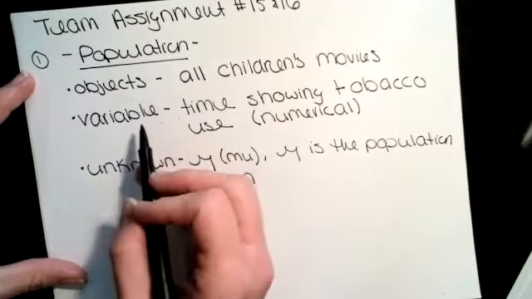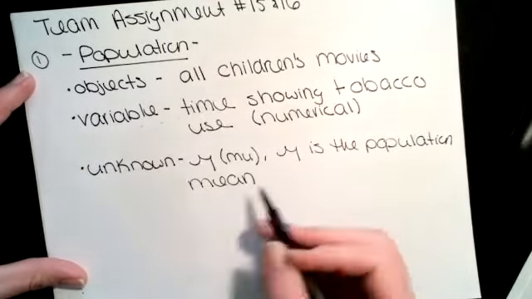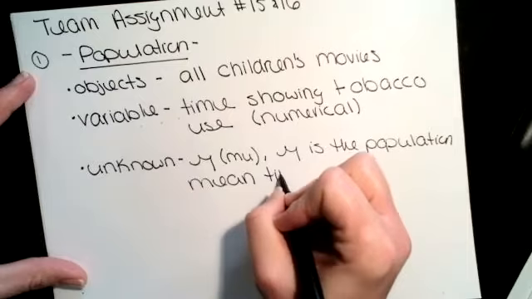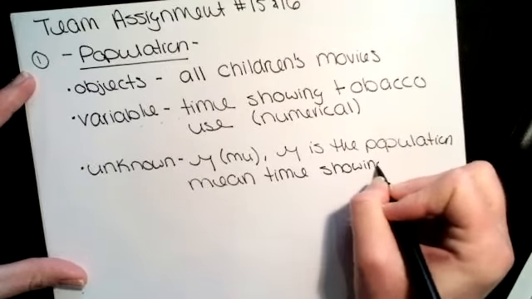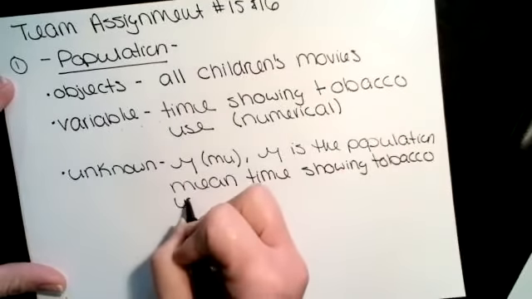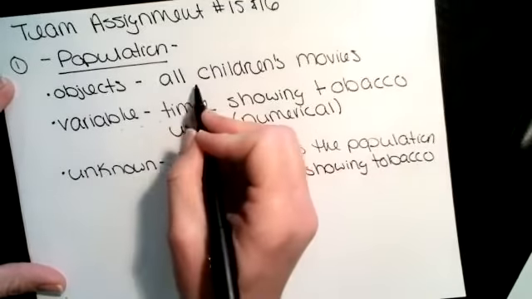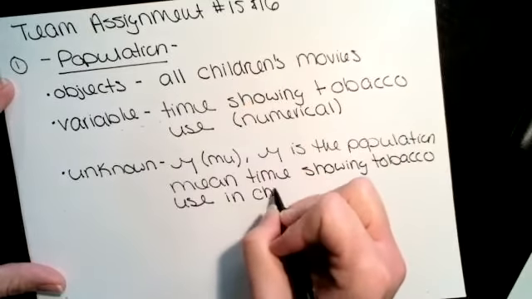So for numerical, I always write it's the population mean, and then the variable, and then about the objects. So it's the mean time showing tobacco use, there's my variable, in my objects, so in children's movies.